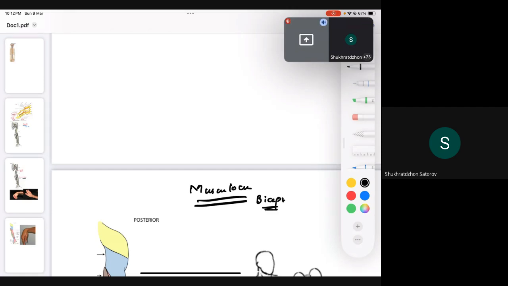Yes, that's also one. But the most important one to consider for step one is the bicep. It also has a cutaneous component which supplies the lateral forearm. If someone has a lesion of this nerve, he cannot flex his arm. That's obvious.